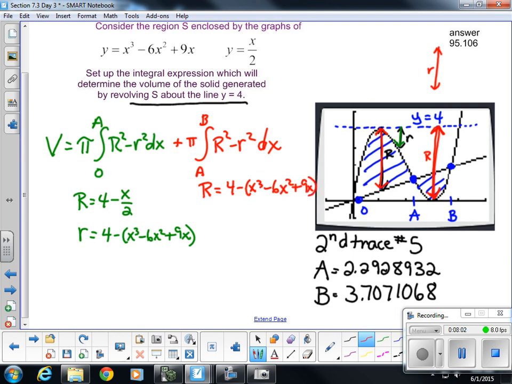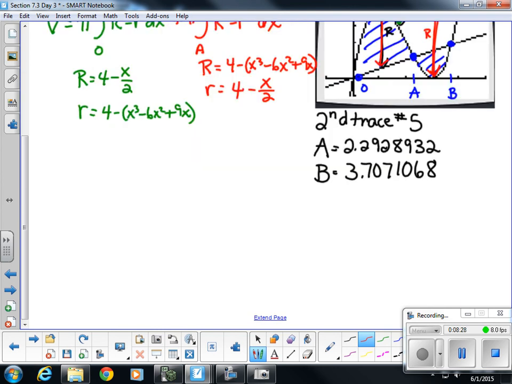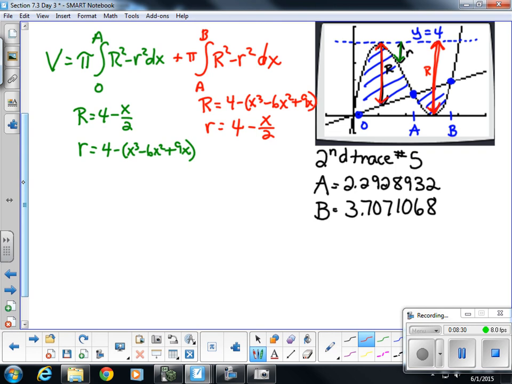And then the little r is going to be equal to 4 minus the line, which is x over 2. All right, in order to find the actual answer, you're going to need to plug these in and take the antiderivative with respect to x. So I'm going to write these out just so you get an idea of what this equation should look like.